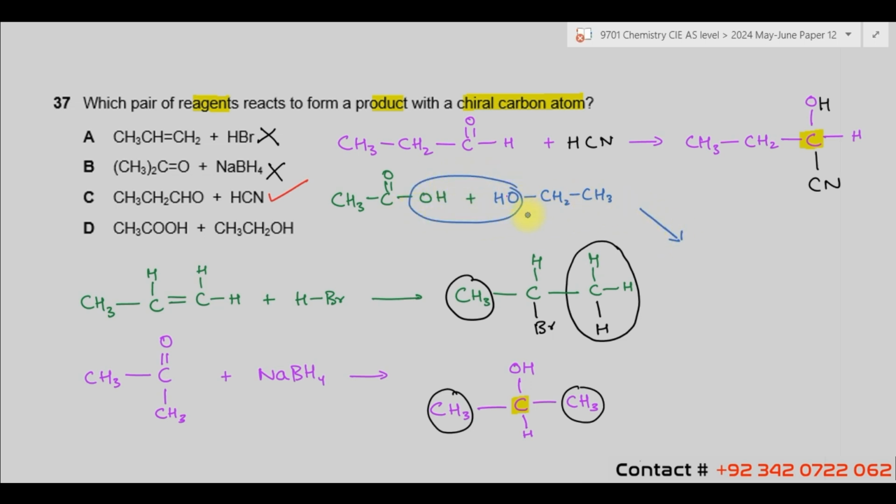Water will be removed and these two will attach together by the help of oxygen. So now we have CH3 C double bond O O CH2 CH3. None of the carbon atoms is bonded to 4 different groups, so there is no chiral carbon. Correct answer is C.